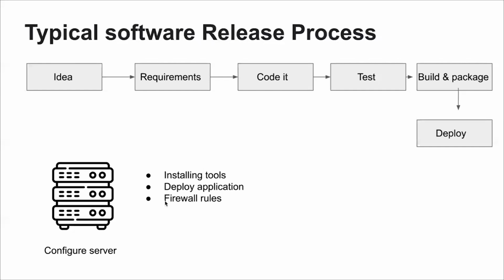So operations teams are more worried about the stability of the application. The operations teams also do everything manually. They might be installing tools on the server, manually deploying the application on a server, and manually configuring the firewall rules, so there is tons of manual work for the operations team.